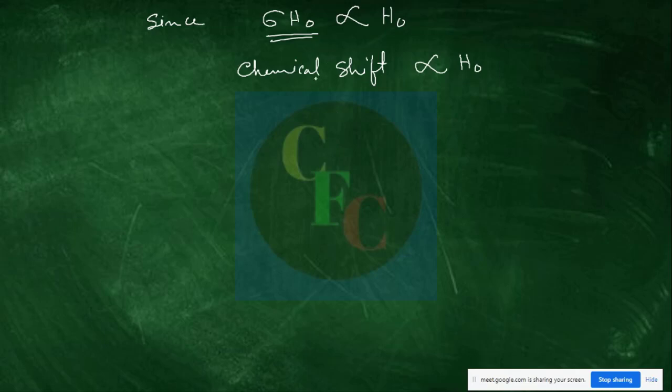Okay. So as this chemical shift is also proportional to H0, if there are two different spectrometers, suppose one is working at 100 megahertz, another at 400 megahertz, then it is very difficult to report. You would also have to tell which spectrometer you used and depend on those conditions.